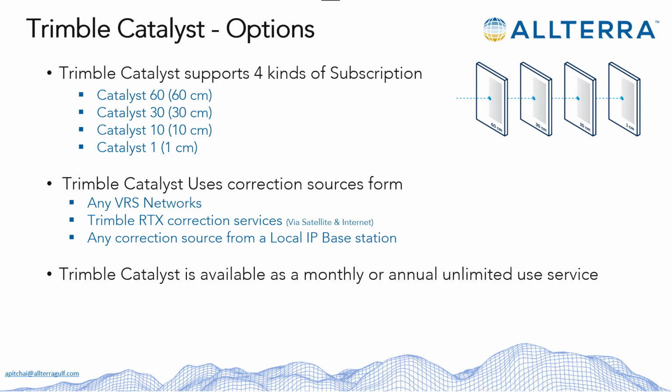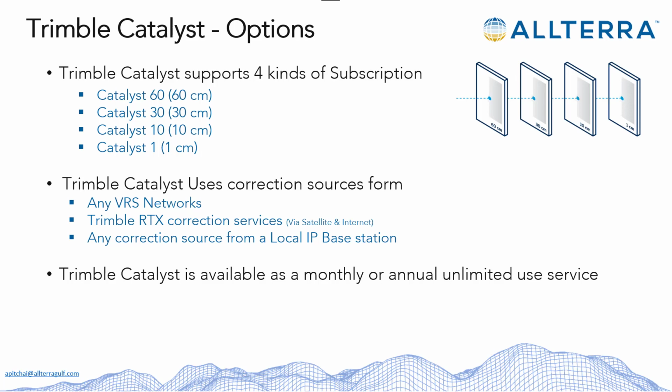So Trimble Catalyst comes with 3 or 4 subscription tiers: meter level, sub-meter level, and centimeter level. Trimble 60 is 2 feet, or 60 centimeters, and Trimble 30 is 1 foot, or 30 centimeters.